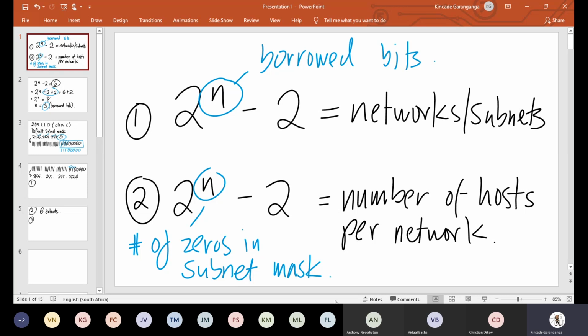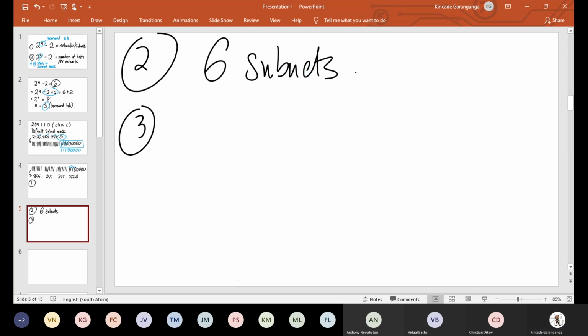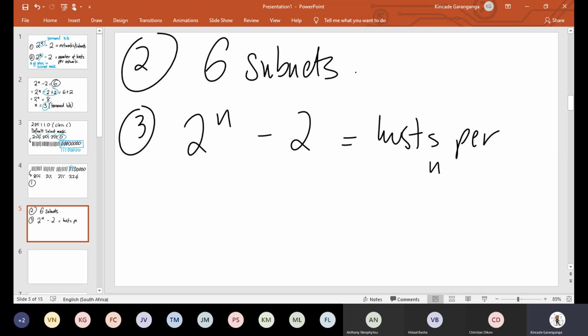All right. So instead, the n in this particular setup is going to be the number of zeros in our subnet mask. So the subnet mask that we've just configured, how many zeros are incorporated there? Obviously, you're going to be looking at it from a binary point of view. So you've got 2 to the power something, n minus 2, equal to hosts per network. And n is represented by the number of zeros in our subnet mask.